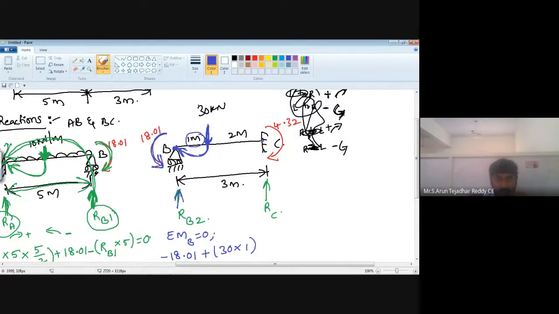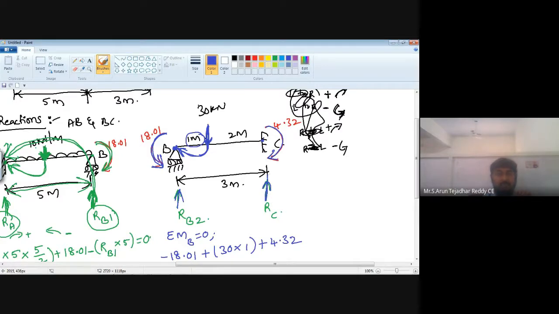Next, at point C, one moment is acting, that is 4.32, and it is in the clockwise direction, so positive 4.32. Next, at point C, one reaction is acting, that is RC, but how is it moving?